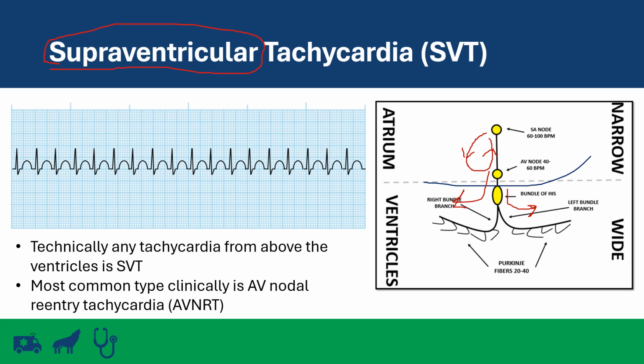Remember, the conduction system is much more efficient in the atria than it is in the ventricles. So because this QRS is narrow, we know that it's coming from above the ventricles, and thus we can determine if we have a rapid, narrow complex tachycardia with absent or abnormal P waves, we can call that SVT.